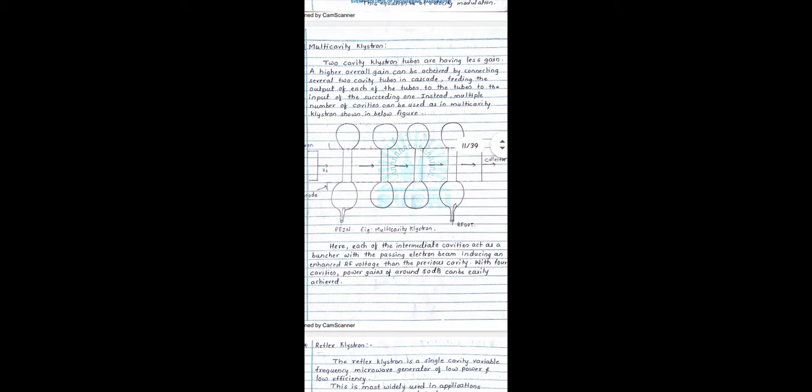The two cavity klystron tubes have less gain, and higher overall gain can be achieved by connecting several two cavity tubes in cascade, feeding the output of each of the tubes to the input of the succeeding one.